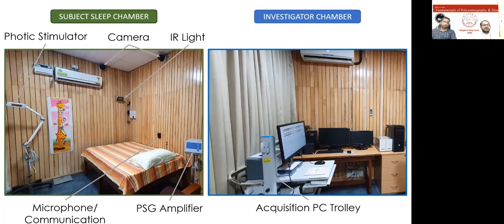It's a sound attenuated chamber with wooden panels, and this is the amplifier. There are other setups which you will see in the upcoming video.